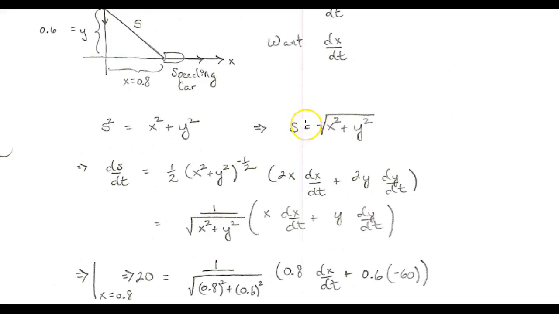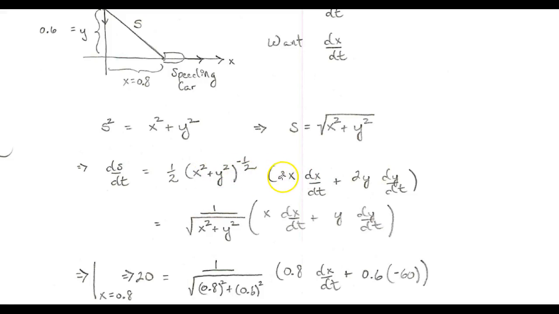So how do I do that? I start with my equation and take the derivative with respect to t of both sides. That's simply ds/dt on this side. Now this is x squared plus y squared to the 1/2 power, so I have to use the chain rule here. I take the derivative of the outside first: 1/2 times x squared plus y squared to the minus 1/2. Then I take the derivative of the inside, of x squared and y squared, remembering that both of these are functions of t, time.